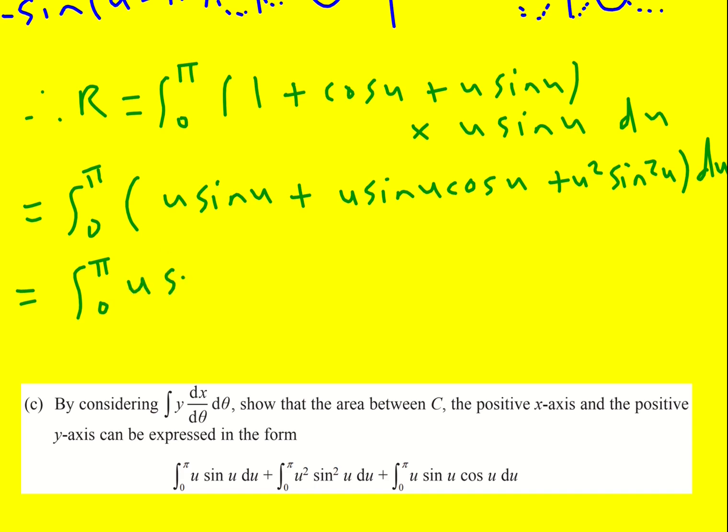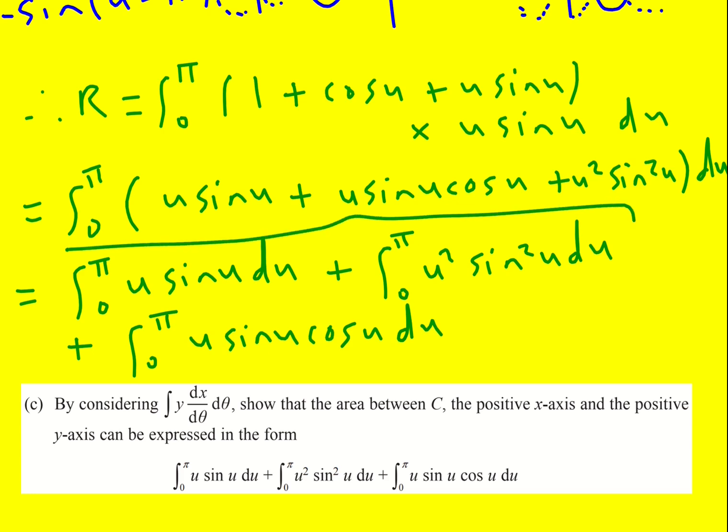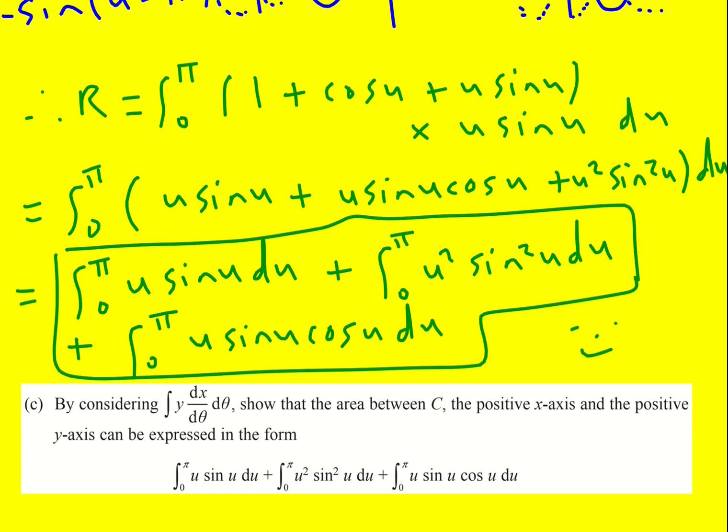So we'll have u sine u integrated. Then I'll put the sine squared one next, as is in the answer. And then finally, u sine u cos u. Okay, well done if you got that. Challenging, I think, but we're there.